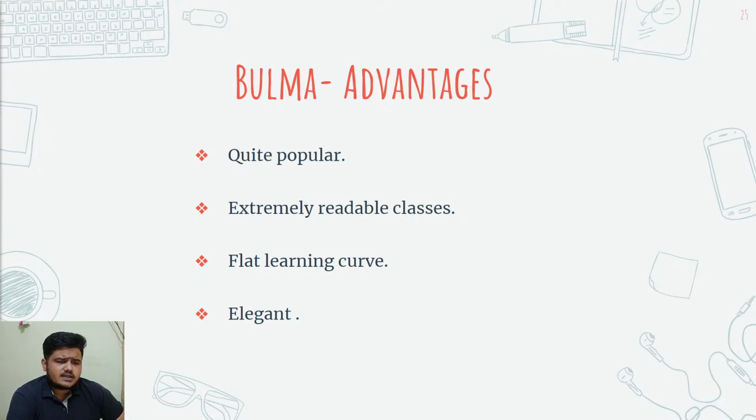Apart from that, it has extremely readable classes, right? The most readable CSS classes of all the frameworks I have tried is Bulma, right? There is also a powerful and simple system for creating a metro style grid called tile. So here, when we talk about Bulma, we don't have to actually work around with grids, but on the other hand, what we have to do is create a metro style grid, which is also known as tiles, right?